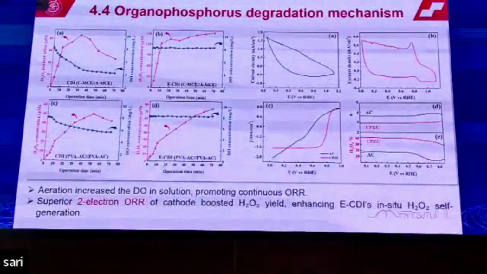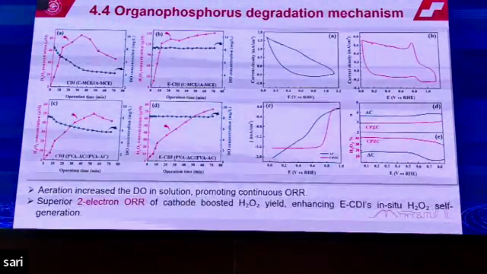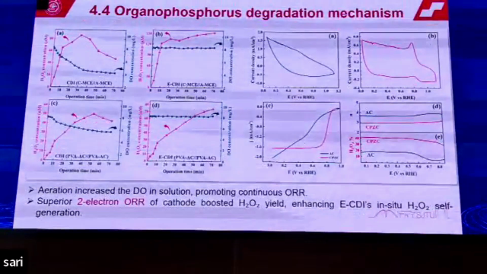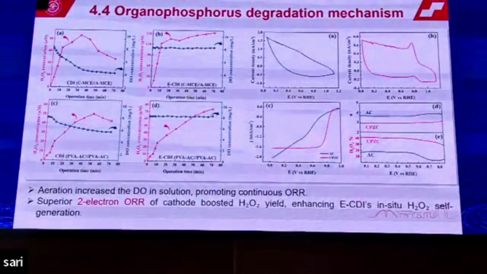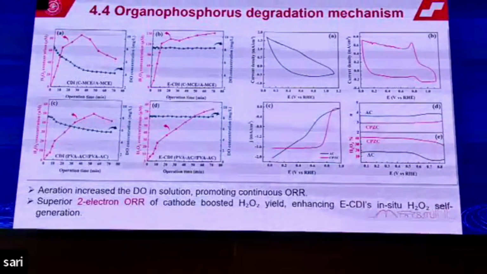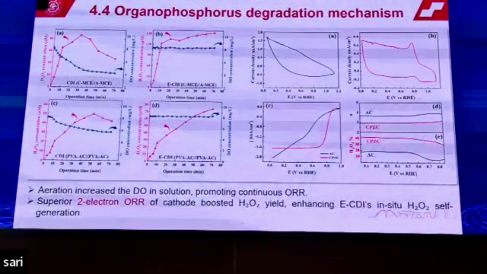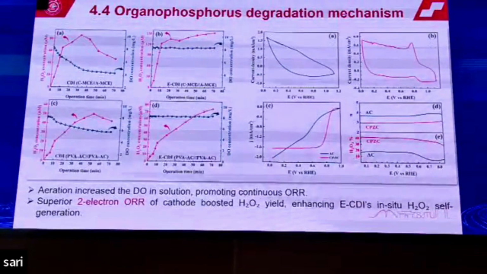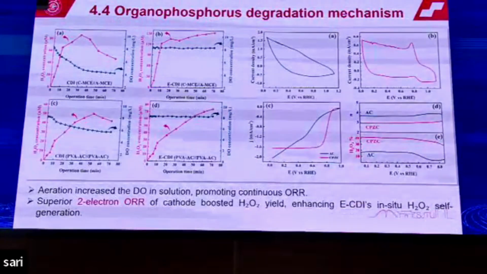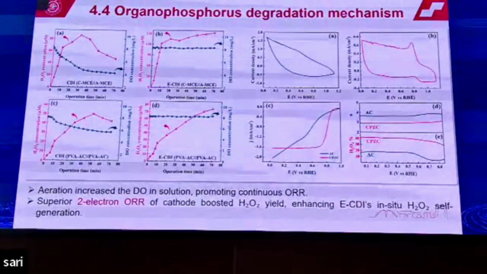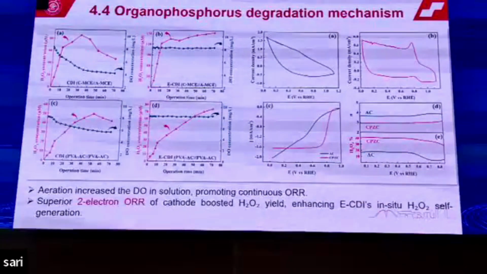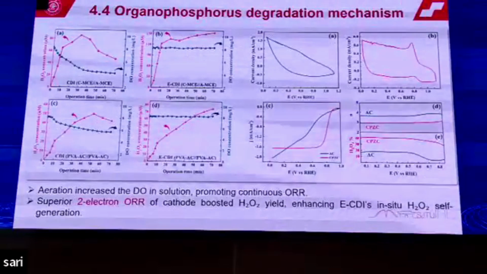So to explain this process, we first use the catalysts to do some electrochemical experiments such as the LSV. We found in this process the CPZC catalyst showed the highest yield of the H2O2, and then we further confirmed this process in the eCDI system.